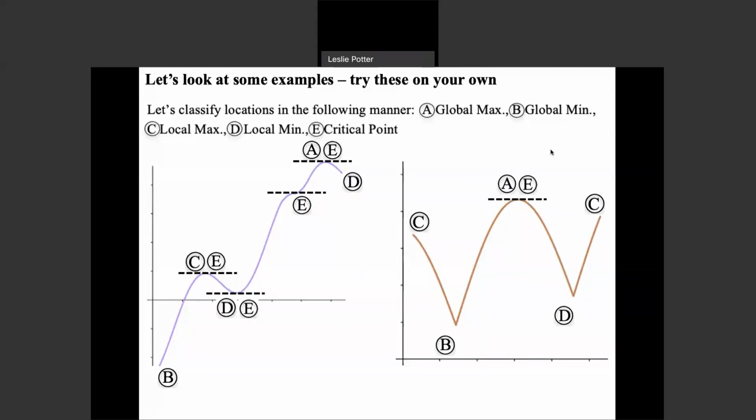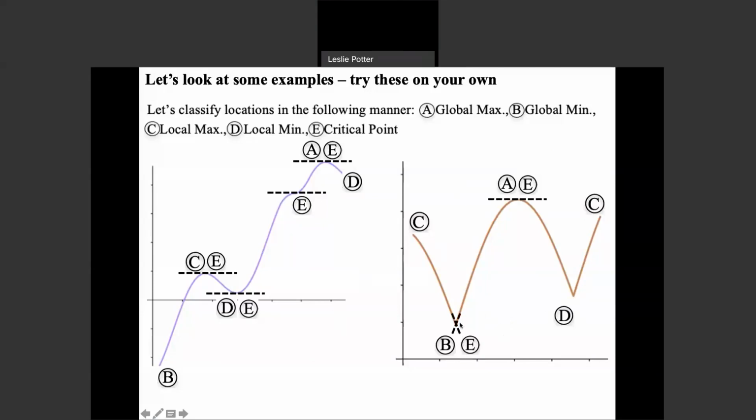So we only have one critical point over this closed interval, and it's right here at the absolute max. As far as the cusps go, we know that cusps are points of non-differentiability. So that means that this cusp here has an undefined derivative, right?